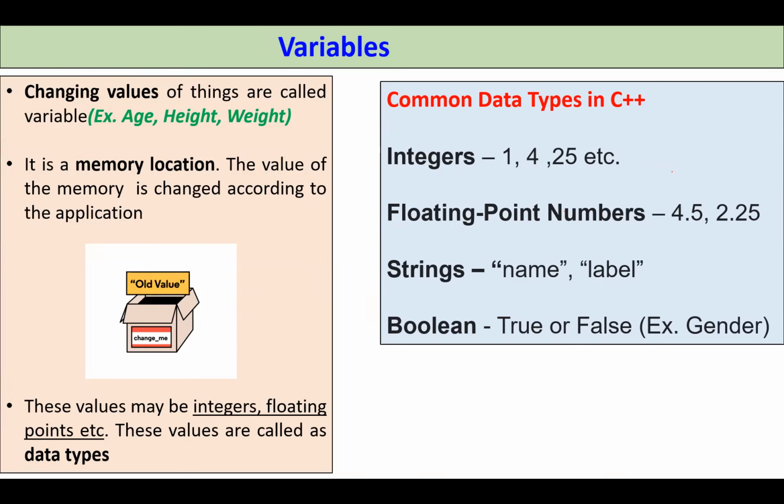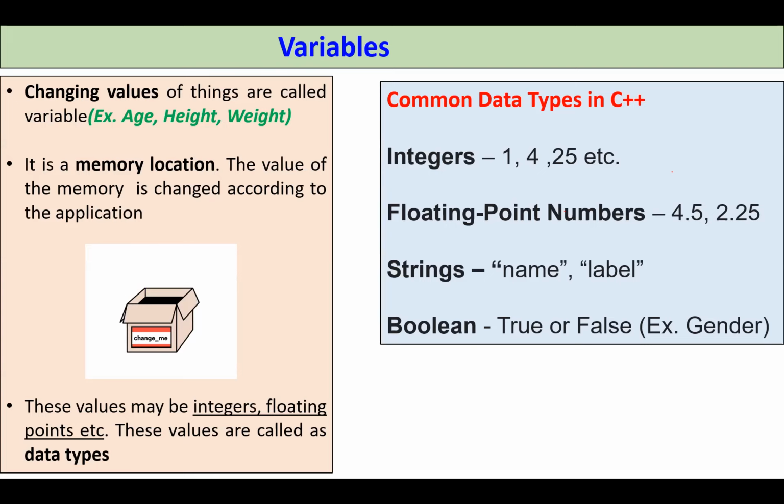Then the Boolean type. The special thing about a Boolean variable is that we can store only two values, either true or false. Boolean terms take only two values, true or false, or 1 or 0.